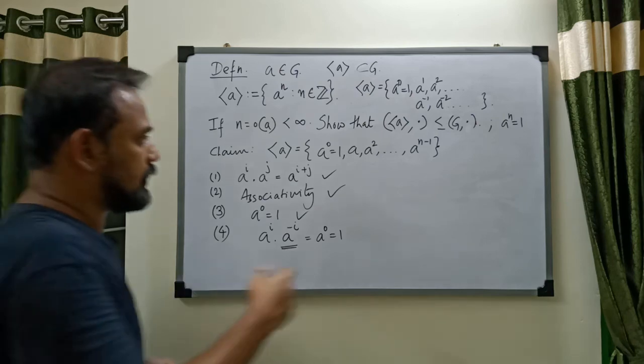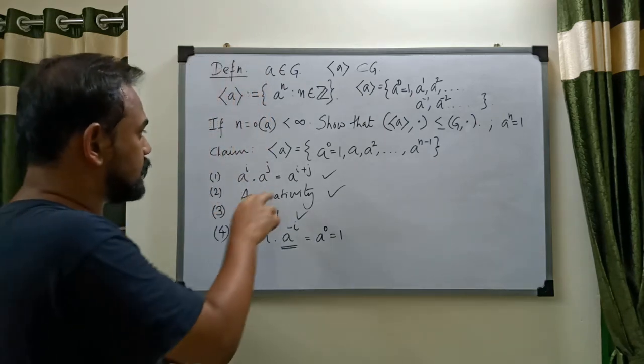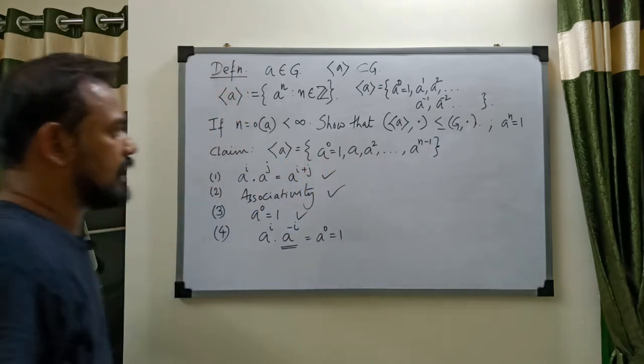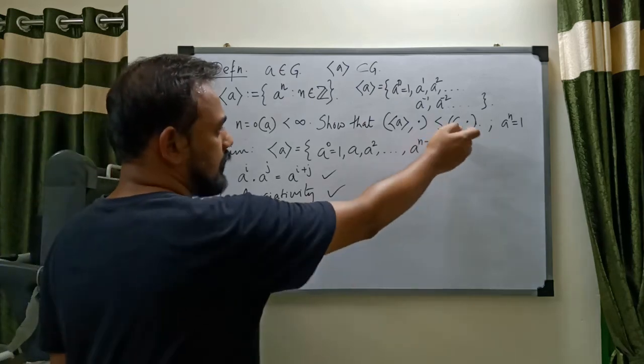And this is the extra claim that I've made, saying that this subgroup cannot go beyond a to the n minus 1.